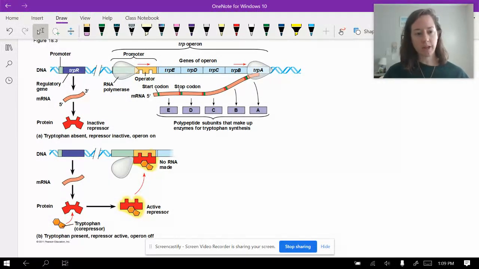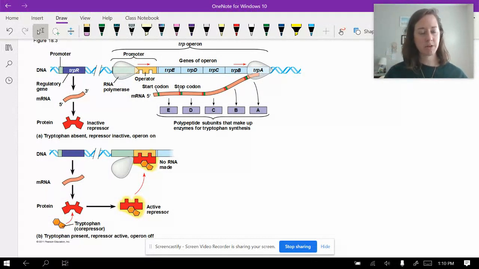So normally, the bacteria is producing tryptophan. It's using the enzymes to make that happen. It is doing transcription because nothing is blocking the operator. So RNA polymerase is able to just go straight on for it.